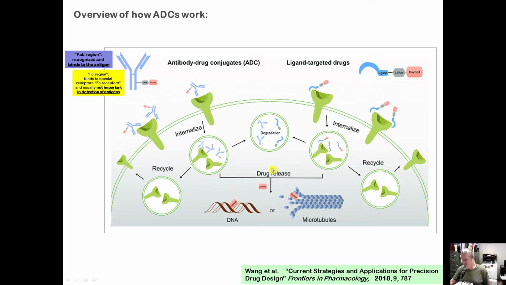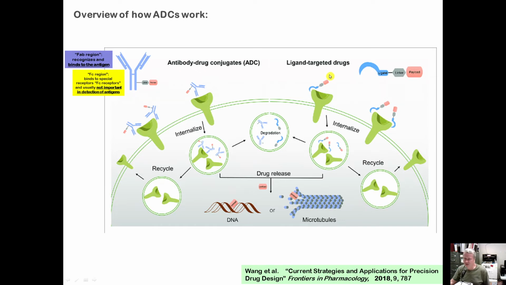And then the drug is eventually released and has to be imported into the nucleus, and then it either binds to DNA or interacts with microtubules and inhibits mitosis. That's what we're going to see in a second for those peptides we were just talking about.